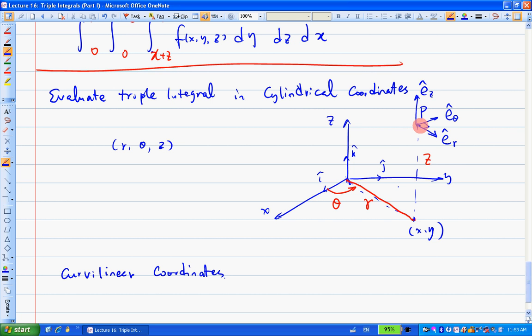So you can imagine a coordinate system attached at this point, and that's the so-called polar coordinate system with r, theta, z. Is that clear?